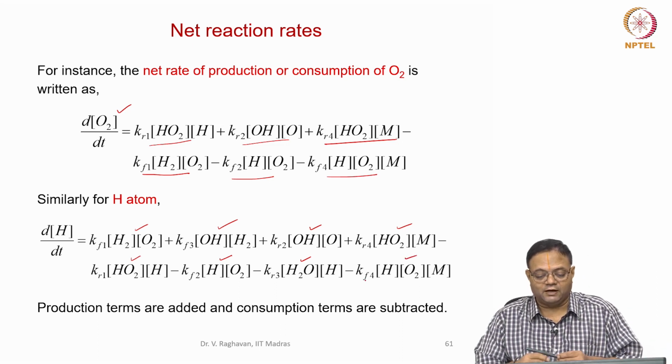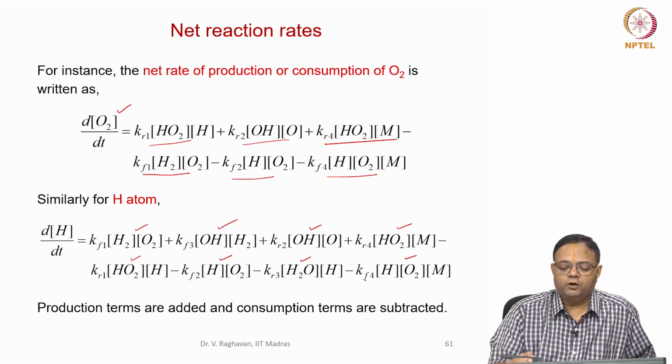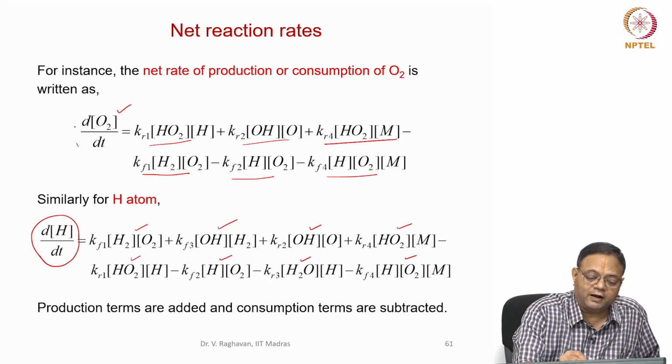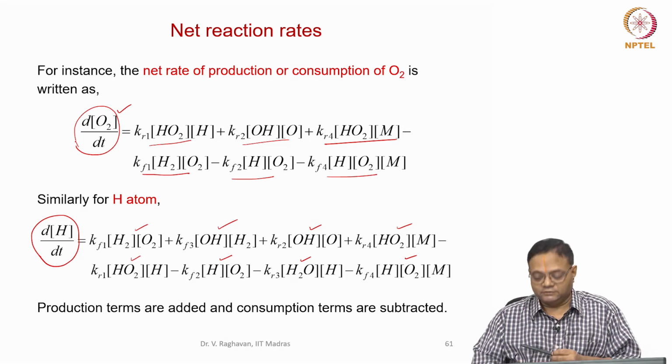So you have to understand this and write. When you do this, we will get the individual species net rate of production or consumption, which is required in the species conservation equation.